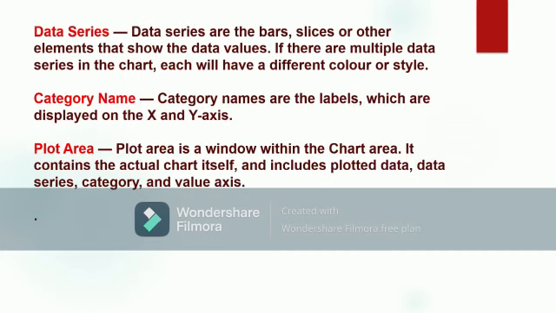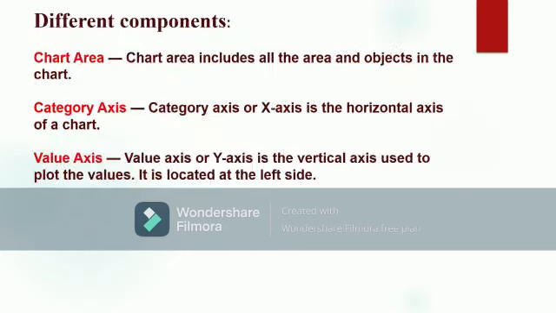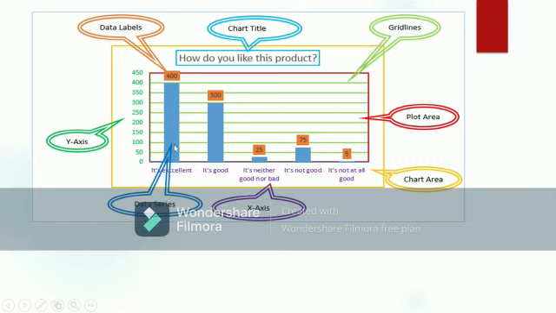Then data series, that is, data series are the bars. Okay, bars or slices or other elements that show the data values. Okay, if there are multiple data series in the chart, each will have a different color or style. Actually, here we have only one data series.